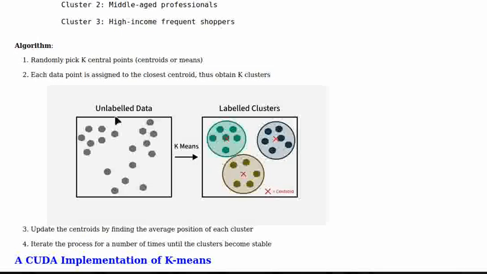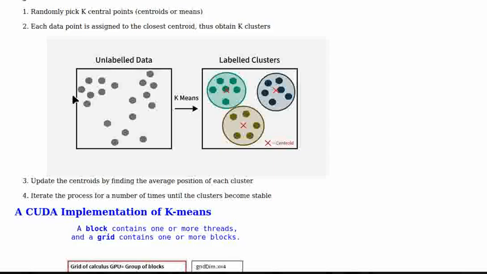So this is the algorithm of the K-means clustering. First, we randomly pick K central points. These central points are called centroids or means. Each data point is assigned to the closest centroid.